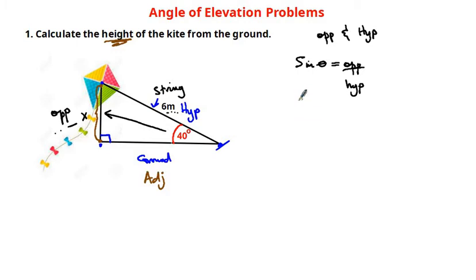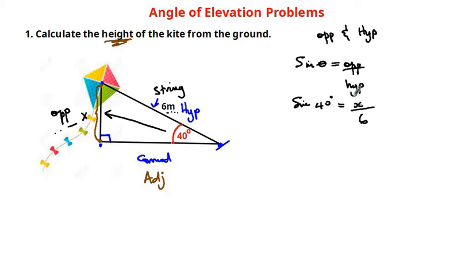Remember theta is the angle, so in this case the angle is 40 degrees. So sine 40 degrees equals, what's our opposite side? We don't know that as yet, that's what we want to find, so we can use x to represent the opposite side, x over, what's our hypotenuse? Our hypotenuse is 6.